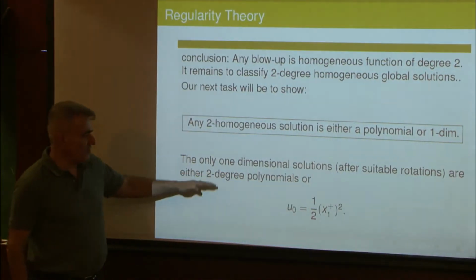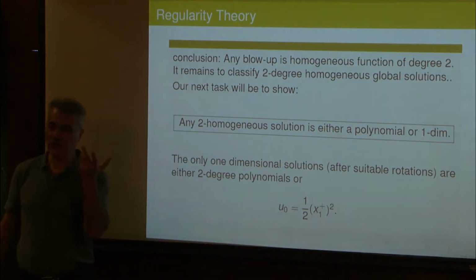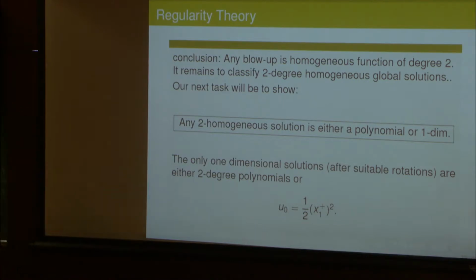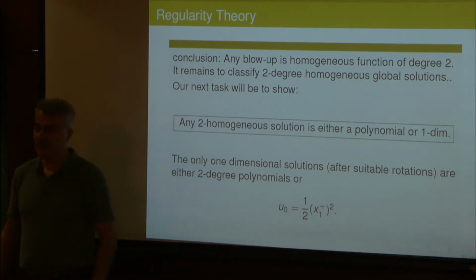So our one-dimensional solutions are going to be solutions like this, or a rotation of it, any possible rotation. So x times a unit vector nu, and the positive part of that, to the power of 2, divided by 2. After rotation, I can always write it like this.